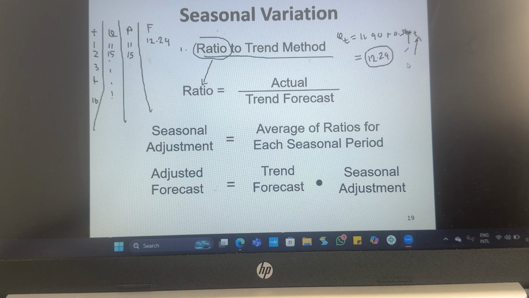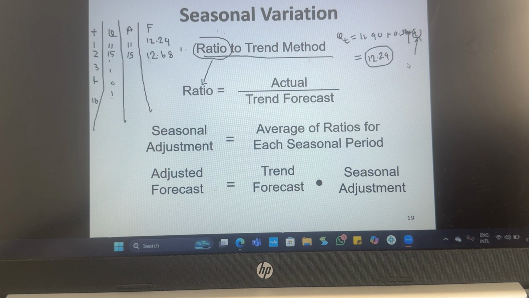And time period 2, that means 1997 second quarter, you need to add 2 here. 12.68.